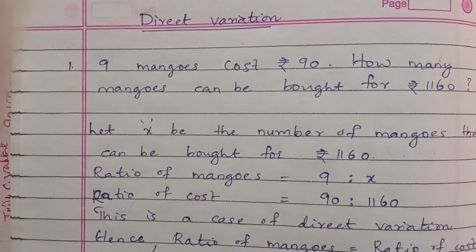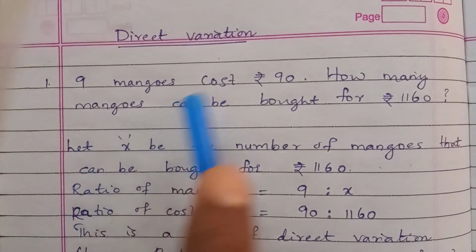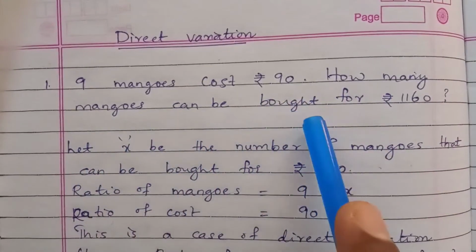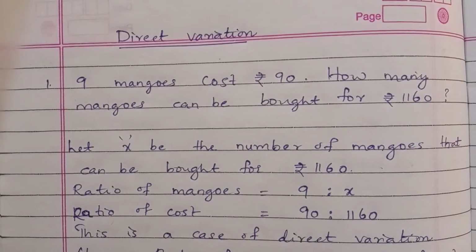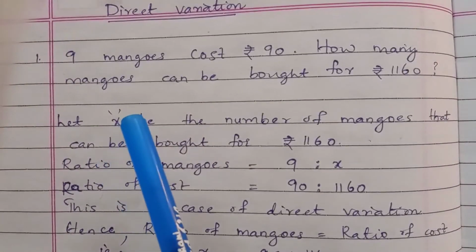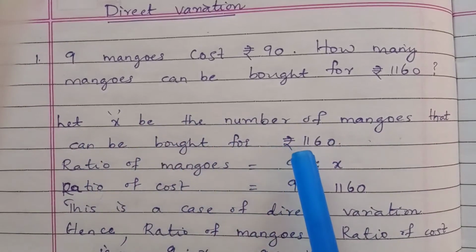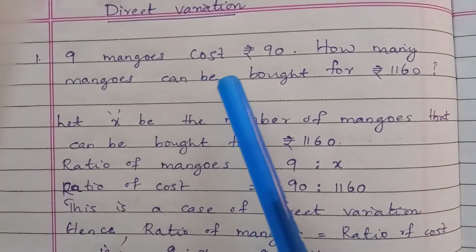Now, we are going to see some exercise questions based on direct variation. First question, 9 mangoes cost 90 rupees. How many mangoes can be bought for 1160 rupees? Let x be the number of mangoes that can be bought for 1160. That is the thing which we need to find.